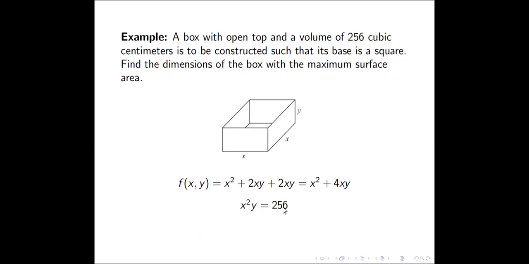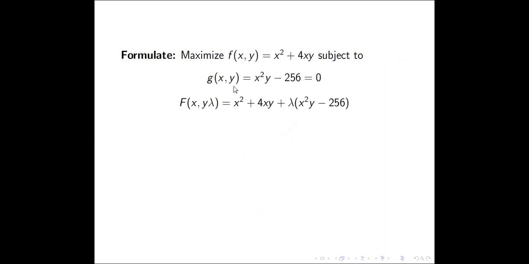So now we can form the Lagrange function. Maximize f, x squared plus 4xy, subject to the constraint g of x, y equals x squared y minus 256 equals 0. Applying the method, we form the Lagrange function.